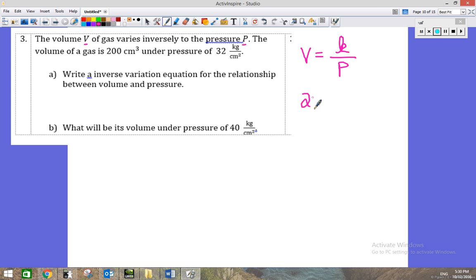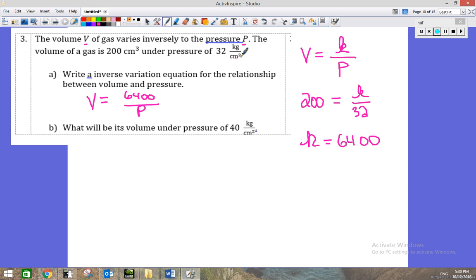The volume is 200 and the pressure 32. So K, multiply both sides of the equation by 32 and we get 6,400 for K. So my equation is 6,400 divided by P. Now I have to make sure that they don't change the units on me.